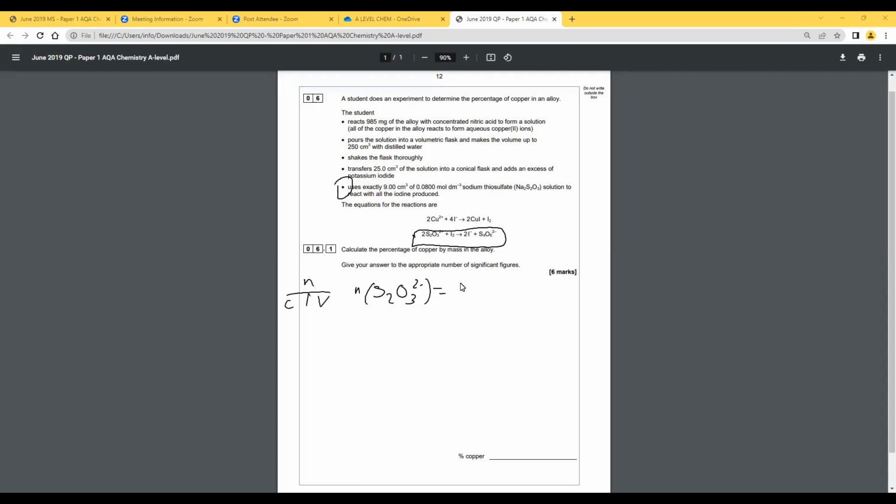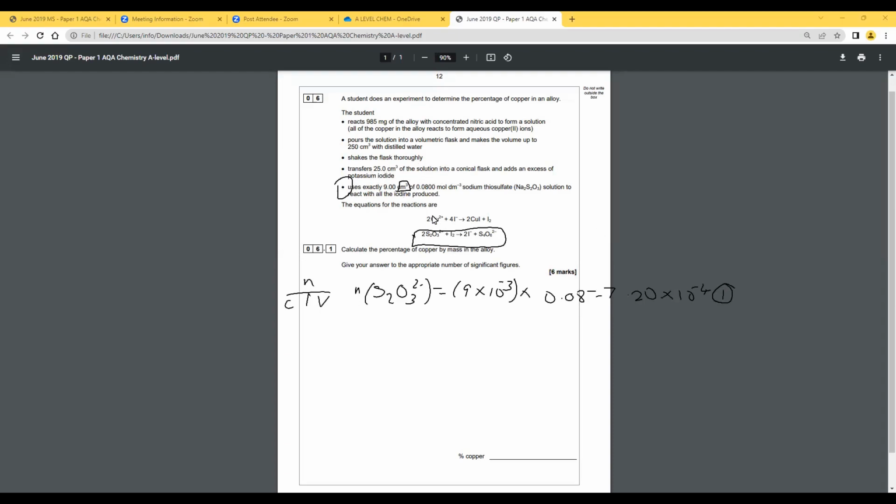It's going to be 9 times 10 to the minus 3 because they've given it in centimeters cubed, and we need to remember that we use decimeters, times 0.08, and that should give us 7.20 times 10 to the minus 4. That is 1 mark we have achieved.